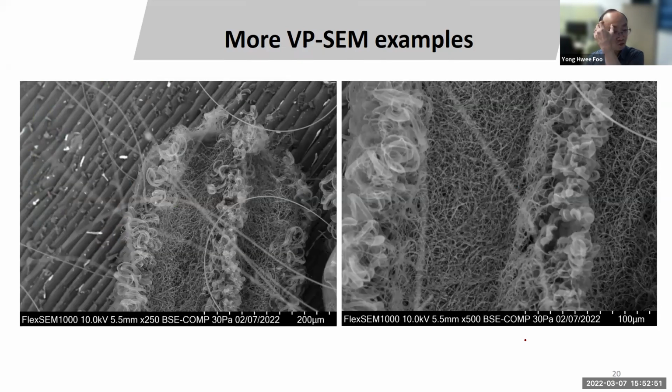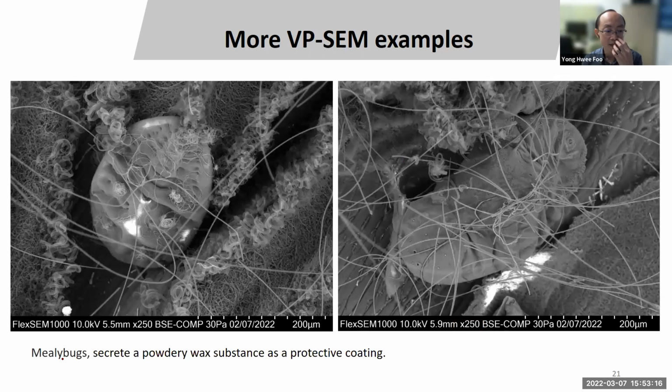And when we move our specimen towards the whitish part, the coating on the leaves, you start to see all these fibers. We are at very low magnification here, but this is still good enough for us to see all these fibers. If you actually know what that whitish stuff on the leaves is, they are mealy bugs.